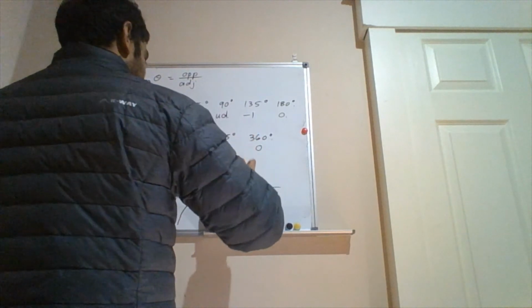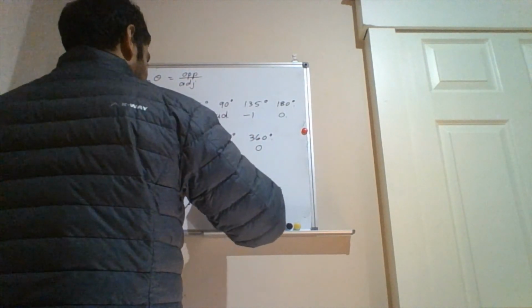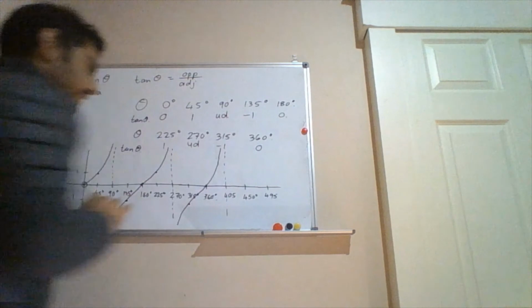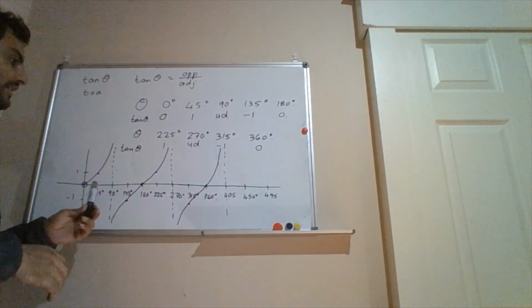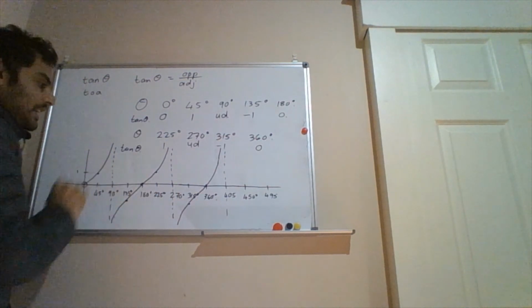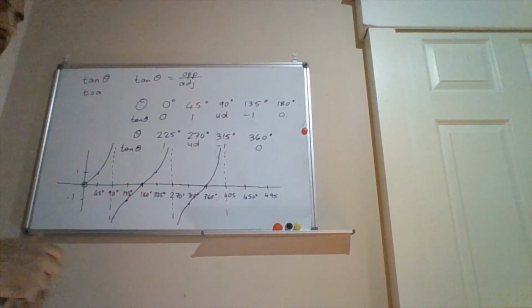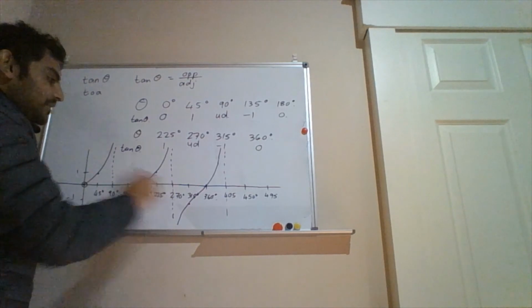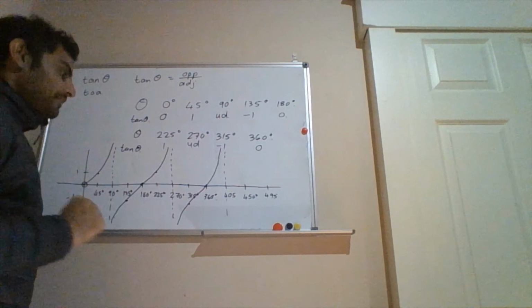Then we would get another vertical asymptote here, and the graph would go like this. So you can see that the shape is repeating every 180 degrees. So from 90 to 270 is 180.